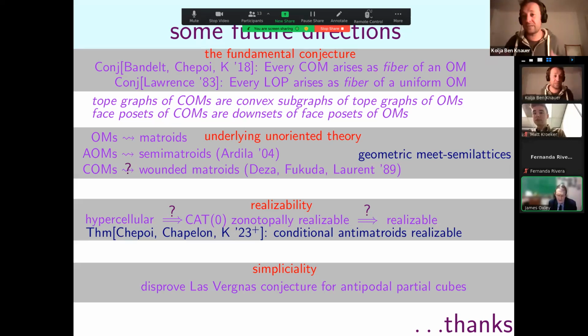And the question is if you get something more special than that, where maybe you can show that it will be a wounded matroid. I have the impression that these bouquets of matroids are very wild, and there should be some class which behaves nicer.